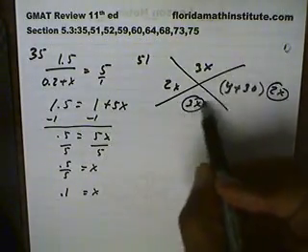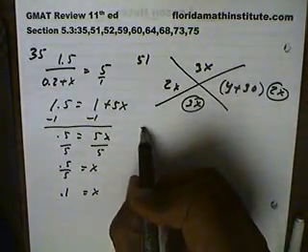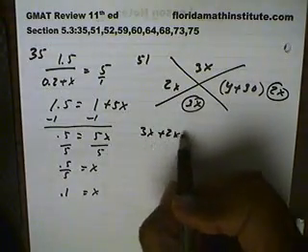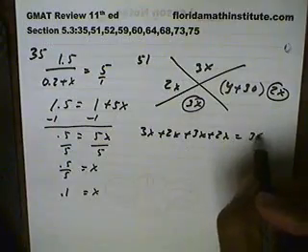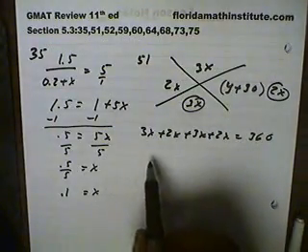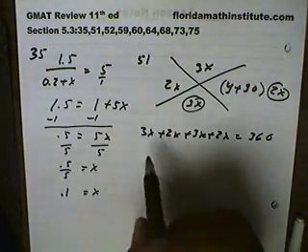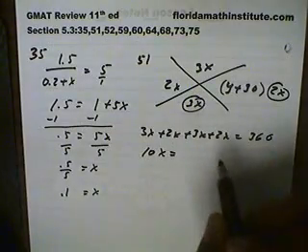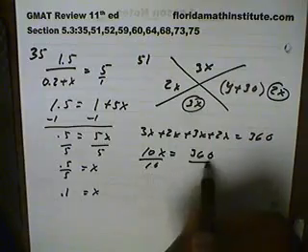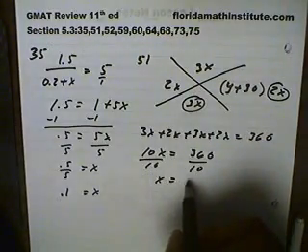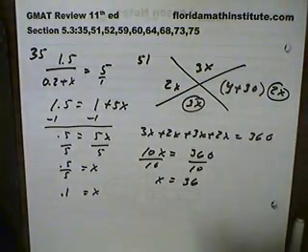Now altogether this is going to equal 360 degrees. So the 3x plus the 2x plus the new 3x plus the new 2x will all equal 360. Then we'll add these. This will be 10x equals 360. Divide both sides by 10, and we get x equals 36.